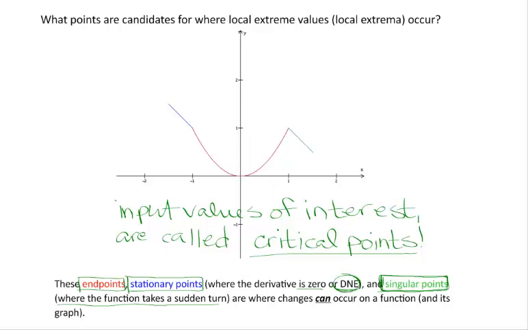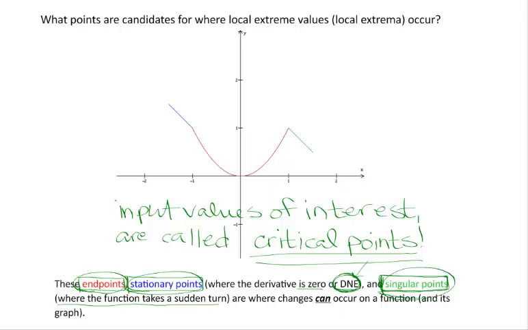This, in particular, is where your function might have a vertical asymptote, or in some way, other than taking a sharp or sudden turn, your derivative does not exist. You also must know this vocabulary. If you are asked what candidates are critical points for your function, you better be able to tell me endpoints, stationary points, and singular points.